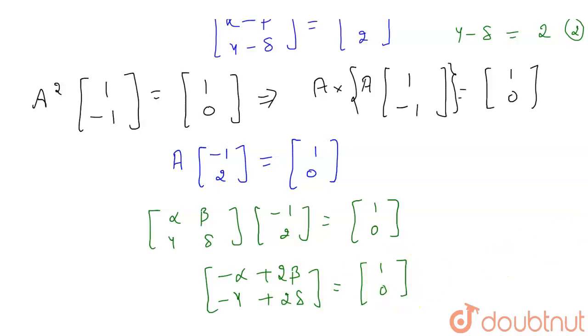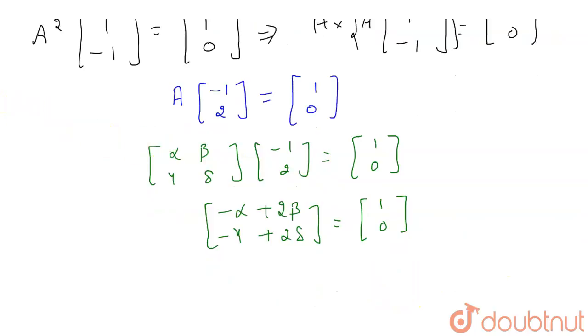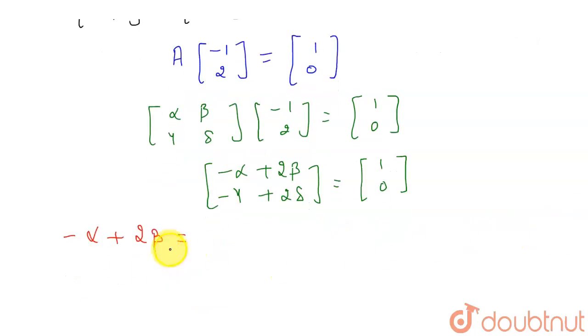Now if I compare, I will again get two more equations. I will get minus alpha plus 2 beta equal to 1. Let me say this is my third equation. And the fourth equation I have is minus gamma plus 2 delta is equal to 0.